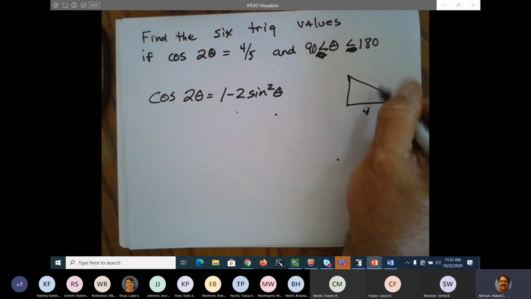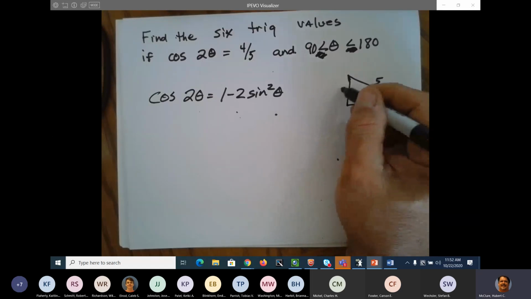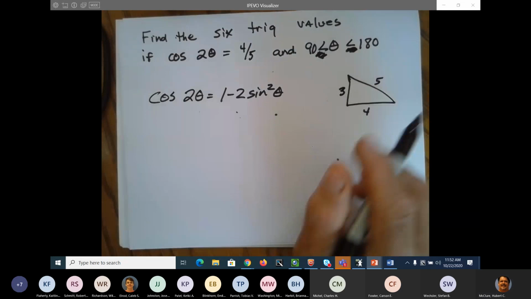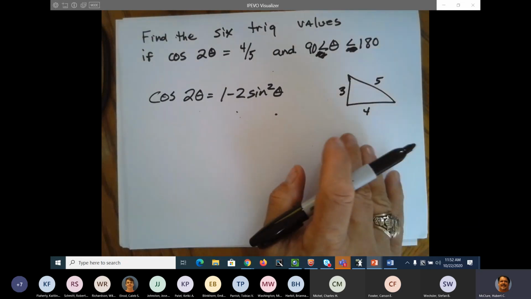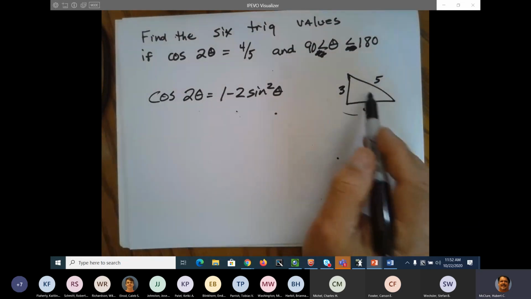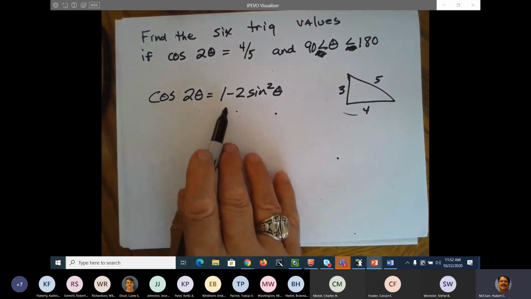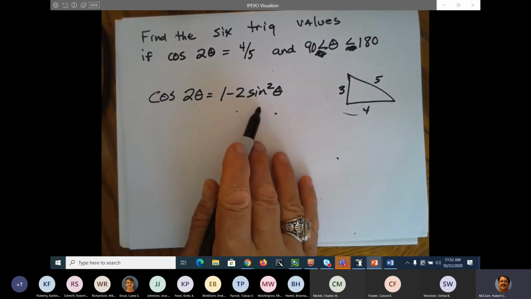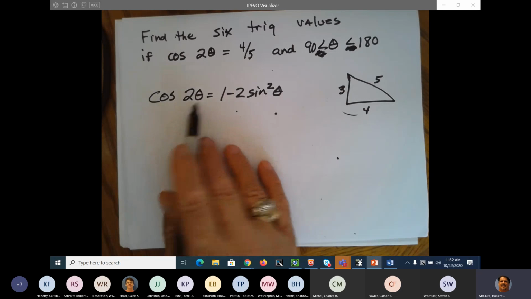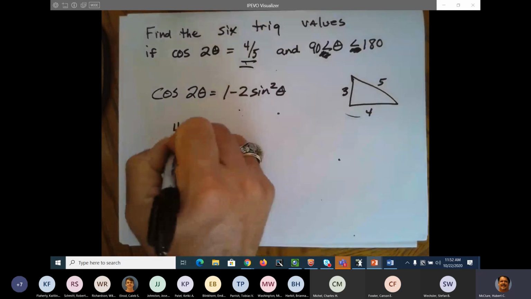So 4 and 5, 25 minus 16 is 9, so that would be a 3. I'm just thinking out loud right now. I'm not saying that's part of it. But the cosine of 2 theta is equal to 1 minus 2 sine squared theta. We know that the cosine of 2 theta is equal to 4/5.